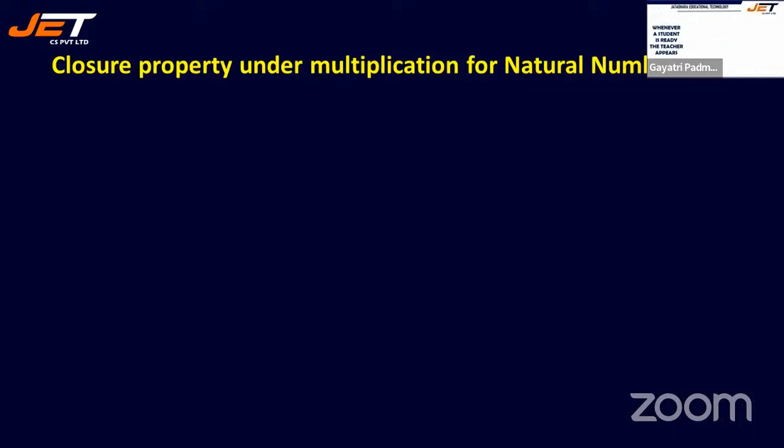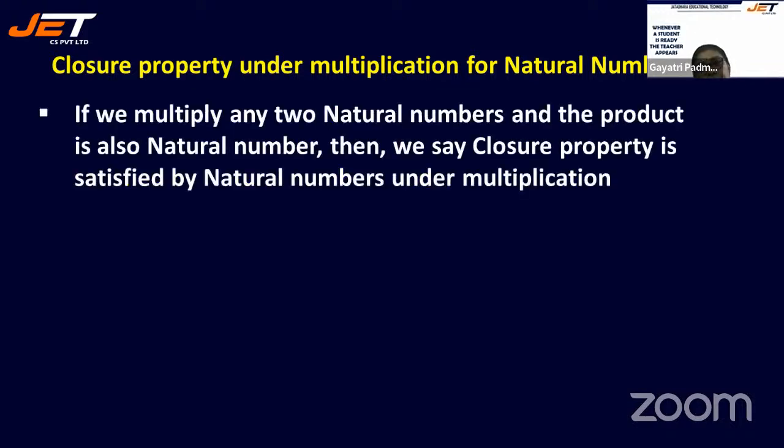Now let's move on to closure property under multiplication for natural numbers. So what did we discuss about natural numbers? 1, 2, 3, 4, and so on till infinity, isn't it? If we multiply any two natural numbers and the product is also a natural number, then we say closure property is satisfied by natural numbers under multiplication.